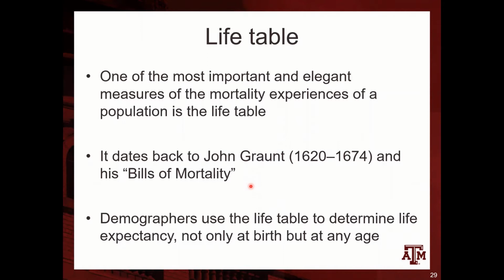So one of the most important and elegant measures of the mortality experience of a population is the life table. And as I mentioned earlier in the semester, and also earlier in this lecture, the life table dates back to John Graunt, who is known as the father of demography, in his Bills of Mortality, where he estimates different chances of people dying by age, by sex, and by place of residence, in his case urban and rural areas.